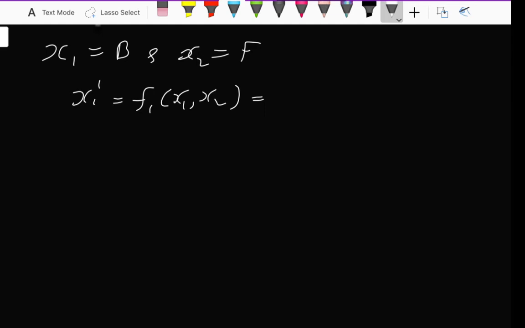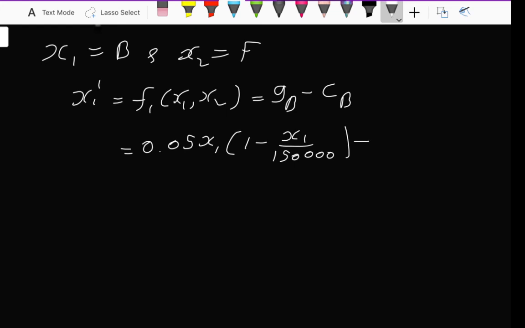According to our assumptions, you can write down f1 as GB minus CB. Once we plug in x1 and x2, GB can be written as 0.05 x1 times (1 minus x1 divided by 150,000). You can write CB as alpha x1 x2.